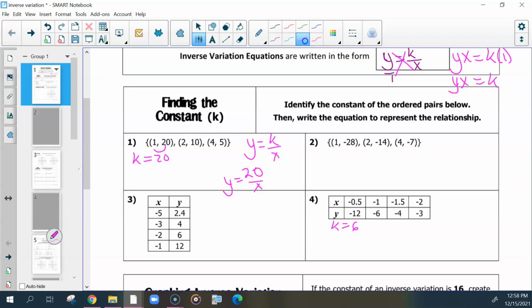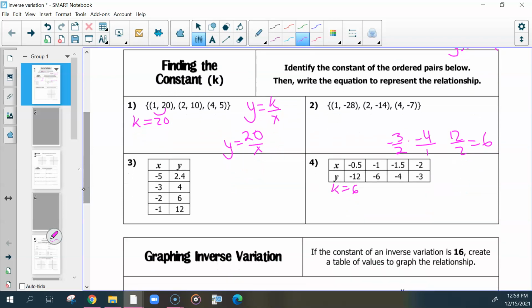Or if you wanted to convert it to a fraction, that would be negative 3 over 2 times negative 4, which would be positive 12 over 2, which still is 6. Then negative 2 times negative 3 is positive 6. So all of those have the same constant, so we can say this is an inverse variation. And our equation for this one would be y equals 6 over x.